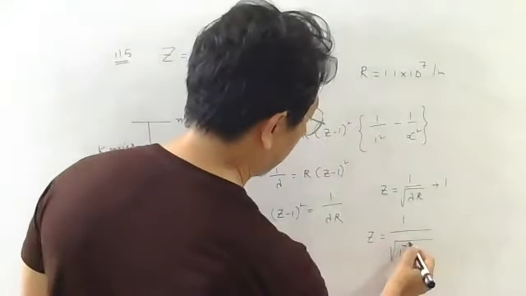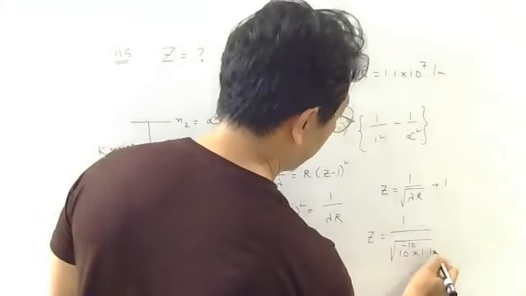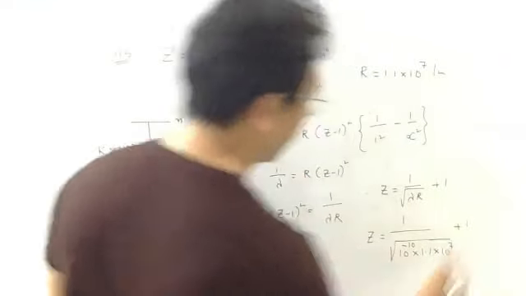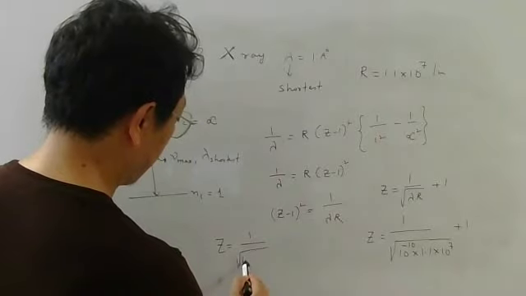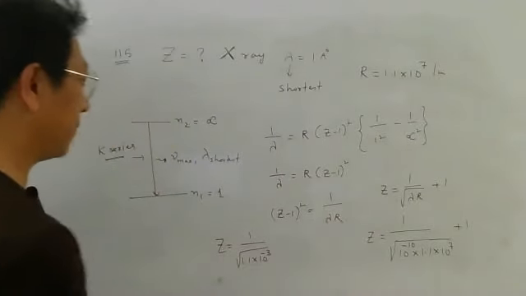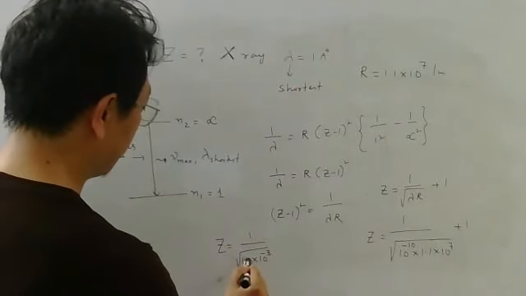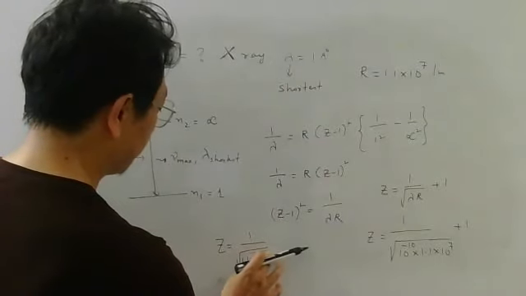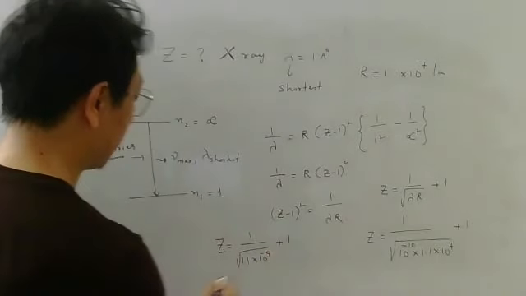So 10 power minus 10 into R, which is 1.1 into 10 power 7, plus 1. So Z will come how much? Under root 1.1 into 10 power minus 3, which can be written 11 into 10 power minus 4 also. 10 power minus 4, plus 1.